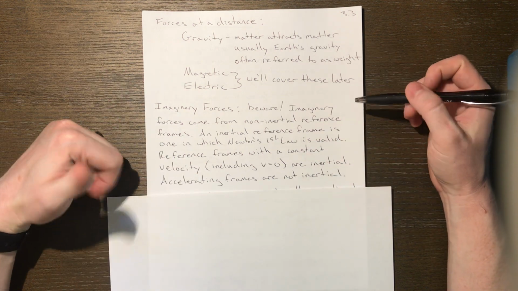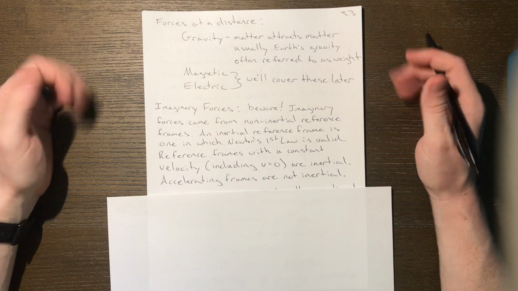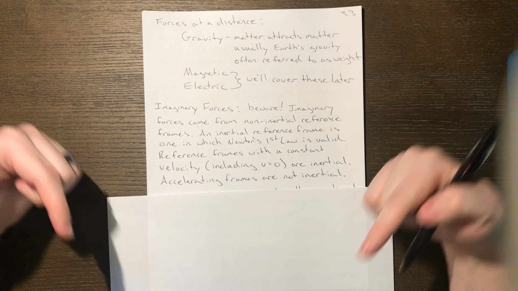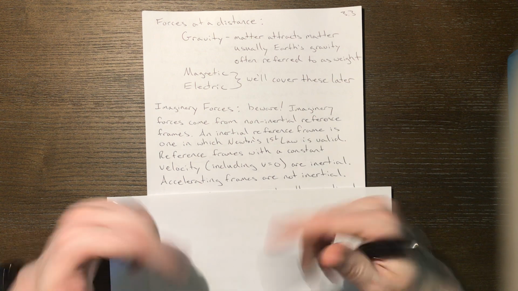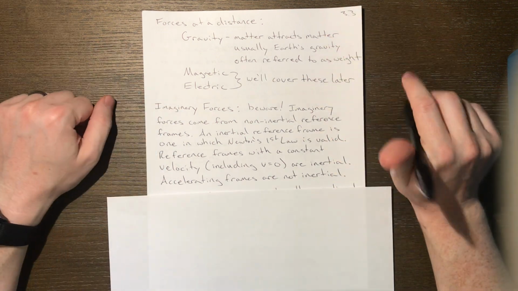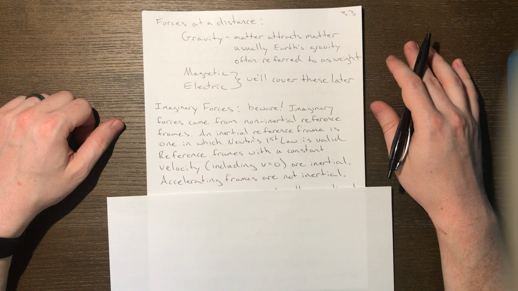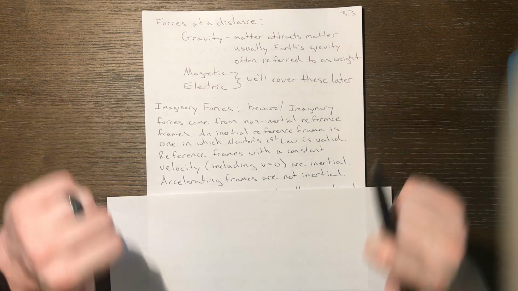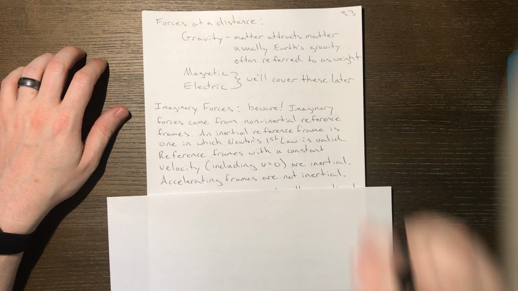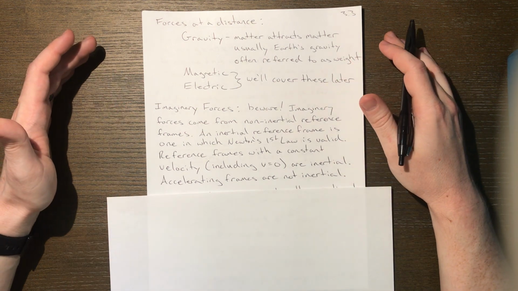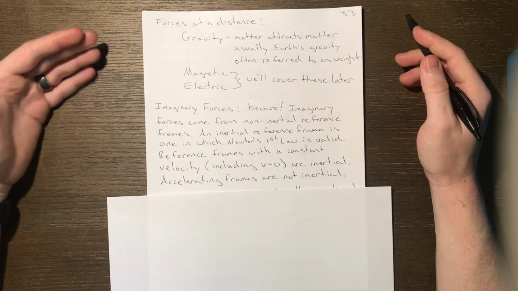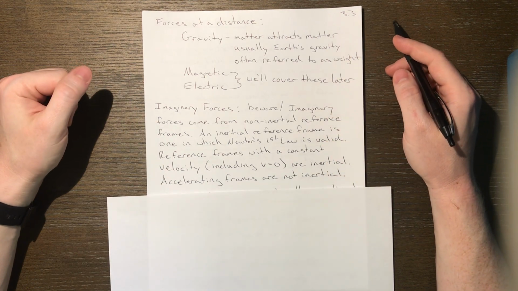And you feel that force from the chair is very real. But it feels like you're being pushed backwards. You're not being pushed backwards, you're being pushed forwards and being accelerated forwards. That imaginary force would be the idea that something is pushing you backwards into your seat. Nothing is pushing you backwards when you slam on the gas. You're being pushed forwards, and it makes you feel as if you're being pushed backwards.